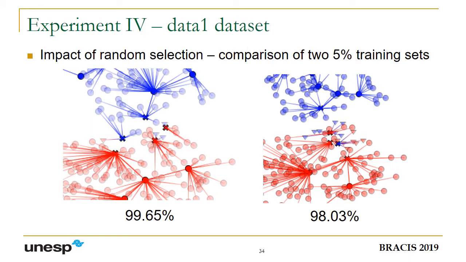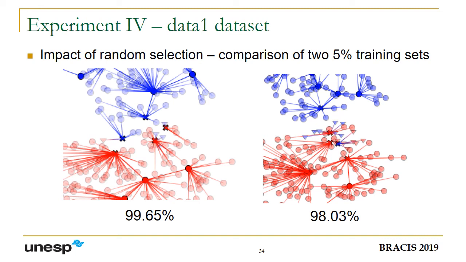For instance, we are going to show here another parameter of the OPF, that is the random selection. The random selection for choosing a training dataset can be a wrong choice because it can select instances that do not represent well the boundary between clusters.